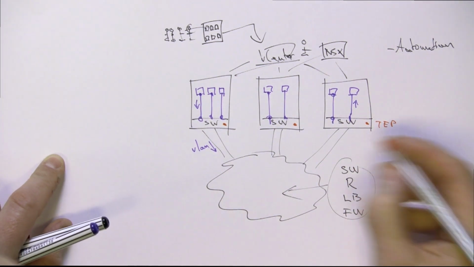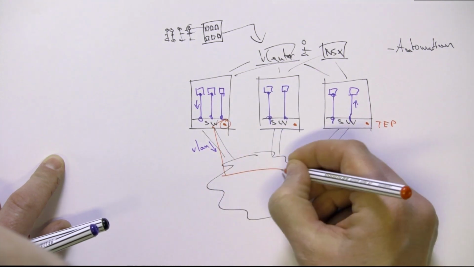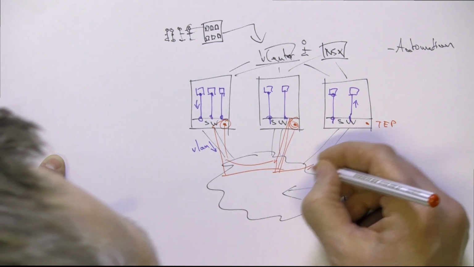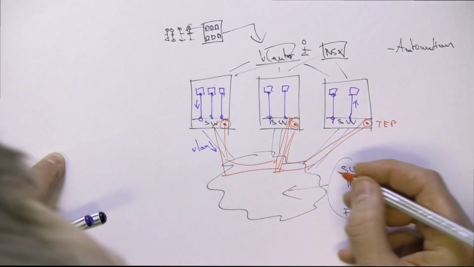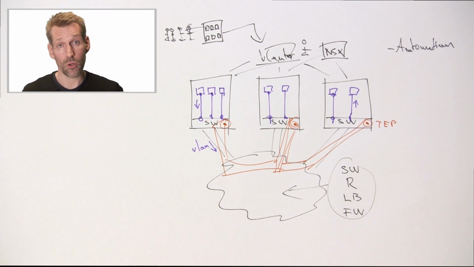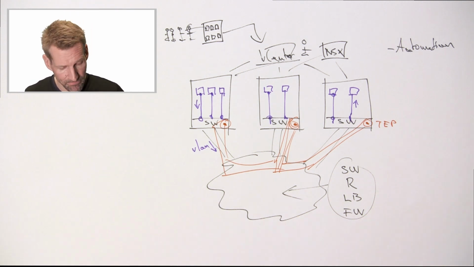A tunnel endpoint is an IP address, and those IP addresses can communicate with each other using a tunnel protocol called GENEVE or VXLAN. GENEVE is the modern one, Generic Network Virtualization Encapsulation.